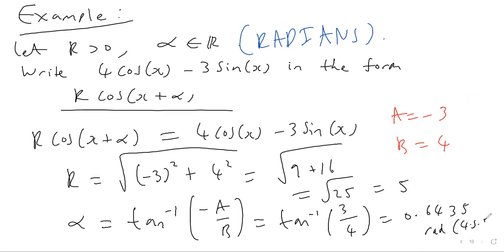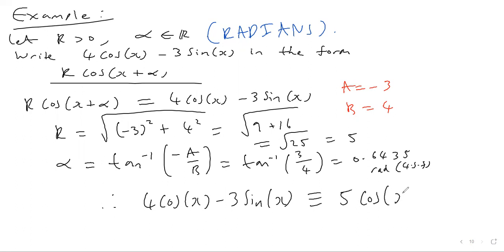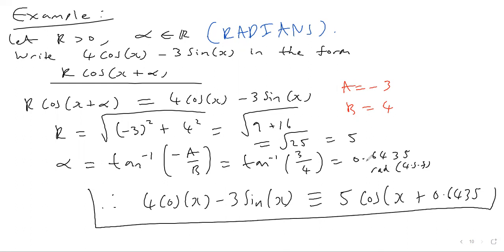So therefore the conclusion from here is that 4 cos x minus 3 sine x is exactly the same as 5, the r value, times cos of x plus 0.6435. That's what this example is telling us.